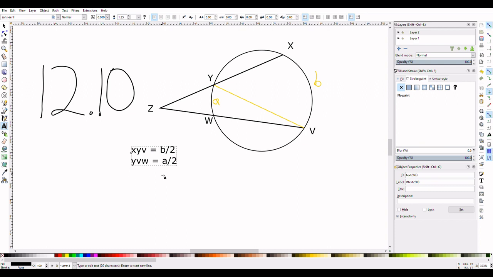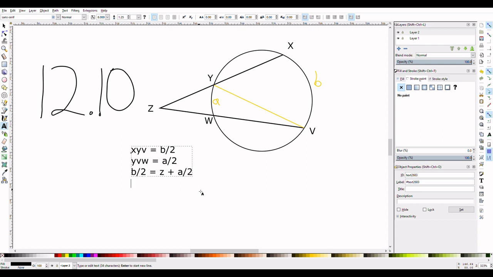And then we can just rearrange that. Let me write that out for you first: XYV equals angle Z plus A over 2. And then to rearrange that, let's rename this B over 2, as we did above.